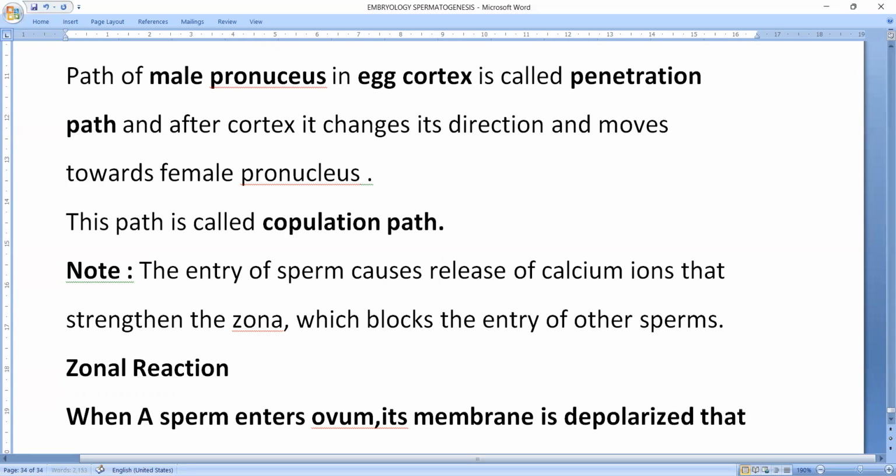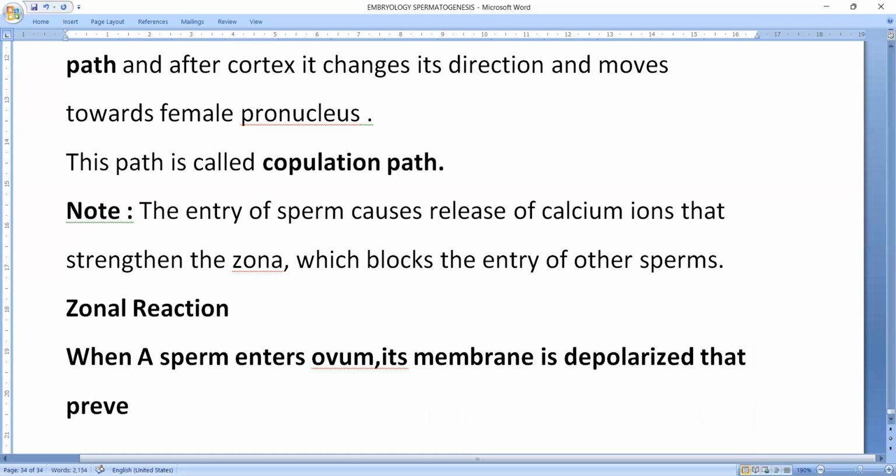Okay, so that prevent entry of other sperms. సో ఇక్కడ 3 స్టెప్స్ అన్నమాట.